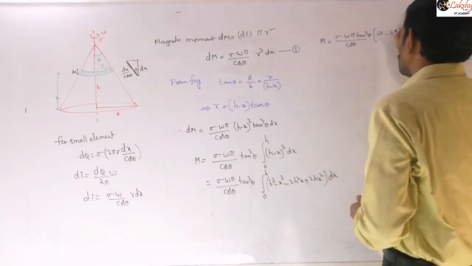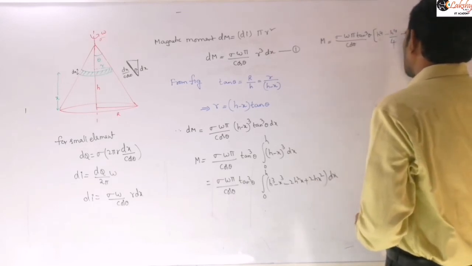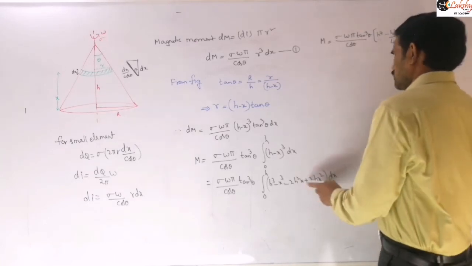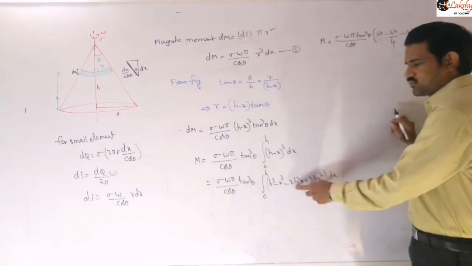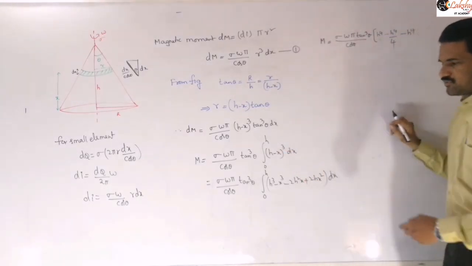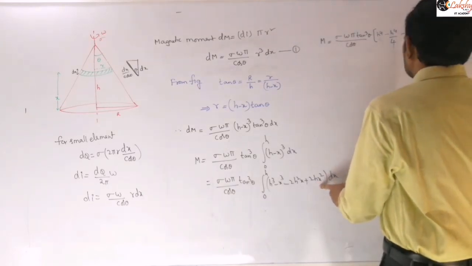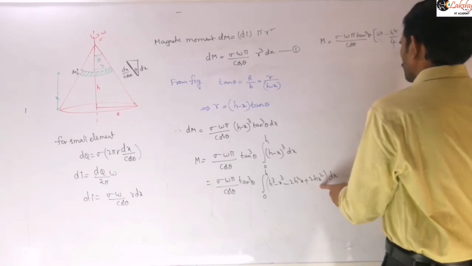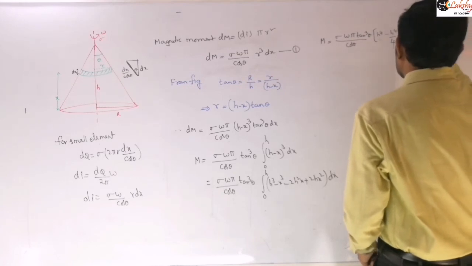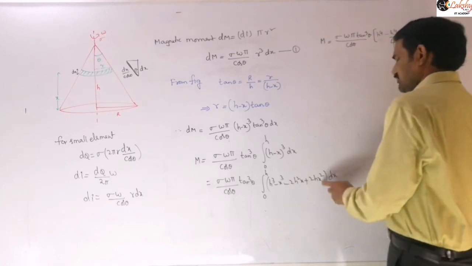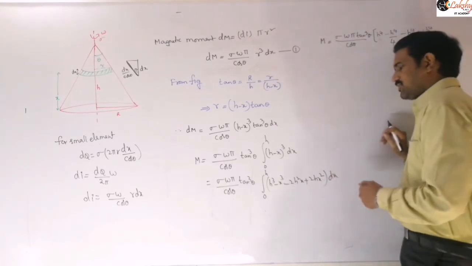So minus h power 4 by 4, and this is minus h power 4. Is it clear? This is x square by 2 you will get, so that 2 will be cancelled. x square is nothing but h square you will get. And in the next term plus, here again h power 4 you will get. So plus this is 2 into h power 4 by 3. So x cube by 3 you will get, and so the h power 4 by 3 you will get.